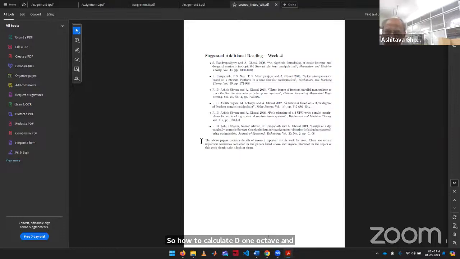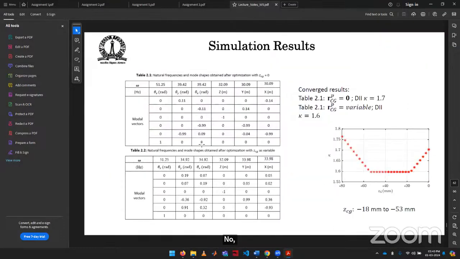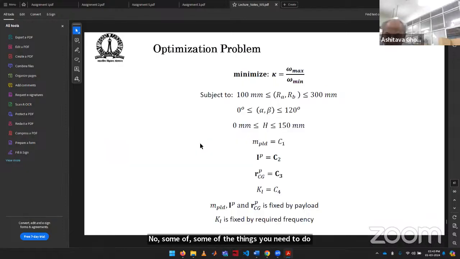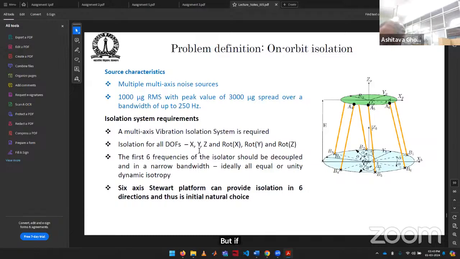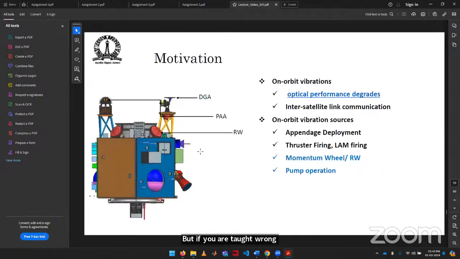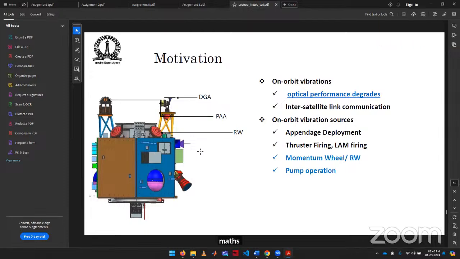Some of the things you need to put a little bit of effort into. But if you were taught wrong, I will correct it. You will get marks. So what did you say? It was to multiply all the frequencies, take the power of 1/6, then divide by their average.